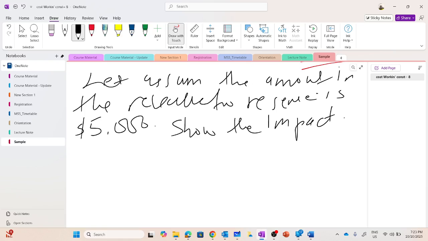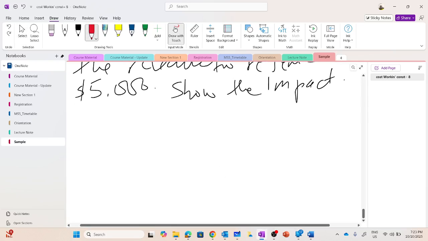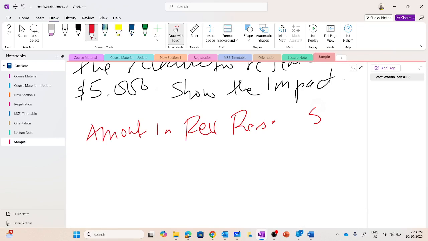Let's show the impact. So the amount in the revaluation reserve is 5,000, and the revaluation loss is 9,000.